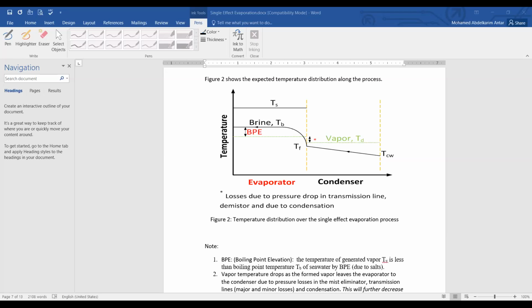Doctor? Please. I have a question regarding the first quiz. Go ahead, Abdulkarim. The question is about the GOR. The GOR, okay.